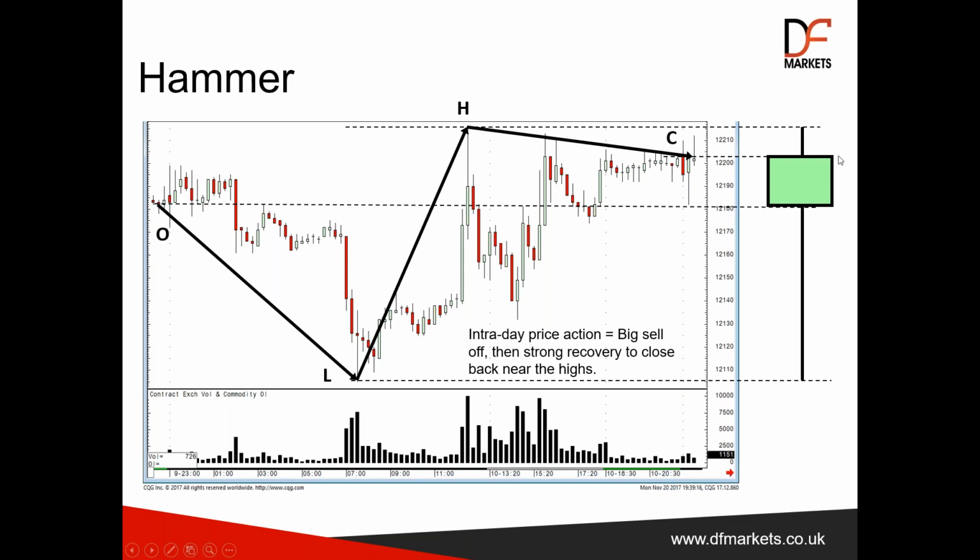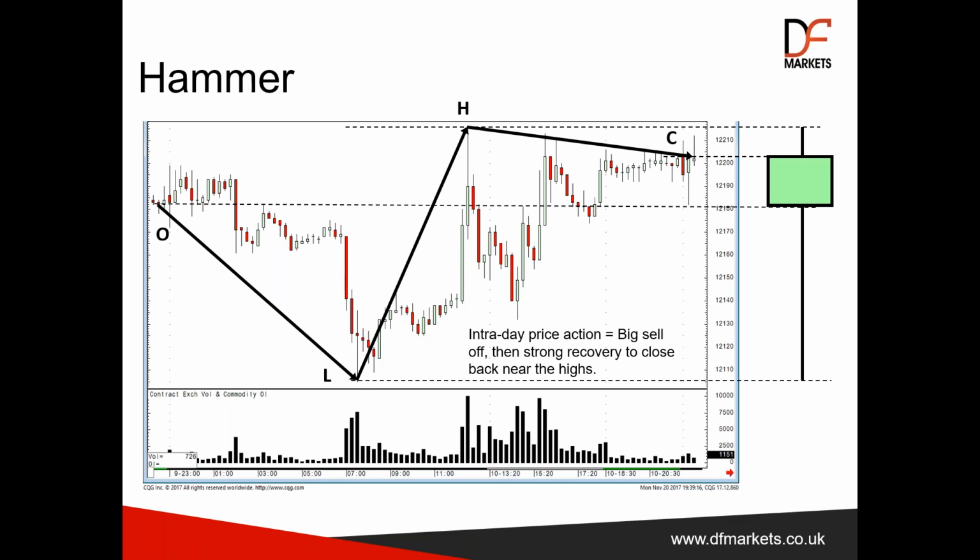And to get a candlestick with a small real body and a long lower shadow, the low has to be significantly lower than the open, the high, and the close. In other words, we've got this V-shaped direction of travel. Now we can see that actually the reality was it was very choppy in afternoon trade, but we did importantly close strongly. And we closed a long way from the lowest price that we'd seen during the day.